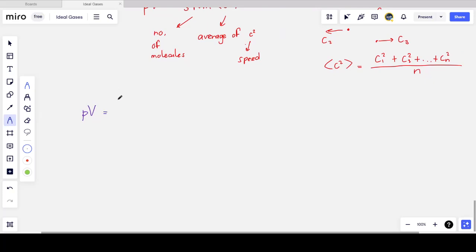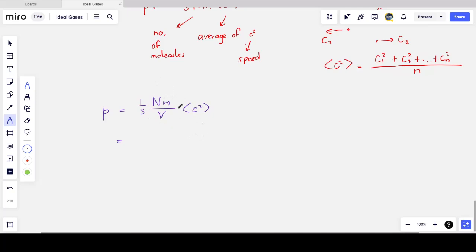So if I have that PV, or rather P, I'm going to rewrite this equation above. P is equal to 1/3, taking the V on the other side, Nm over V times the average of C squared. But wait a minute. Nm is the total mass of the gas. The total mass is the number of gas molecules times the mass of each of these molecules.